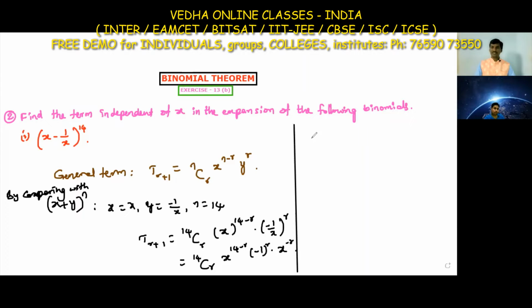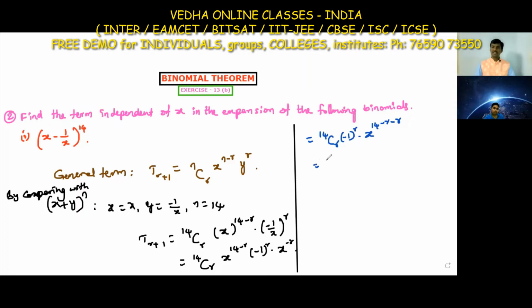I don't want the x value. So 14Cr is written as it is, and (minus 1) whole power r is a constant coefficient, written at the start. Then x to the power 14 minus r and x to the power minus r: bases are equal, so we can add the powers.